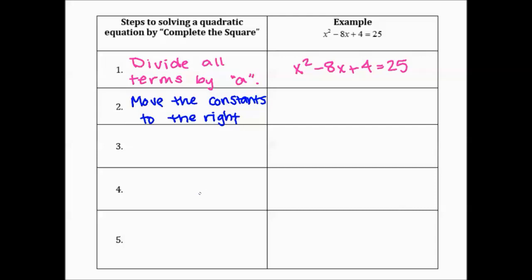Remember that constants are any regular numbers with no variables, so in this case our constants are 4 and 25. So I want to subtract 4 from both sides, and I'm left with x squared minus 8x equals 21.